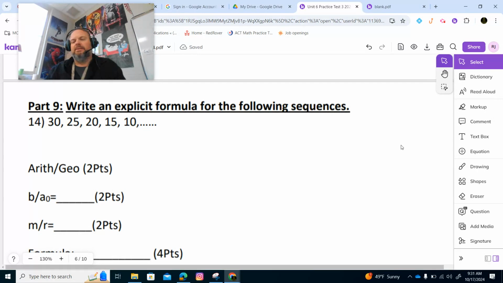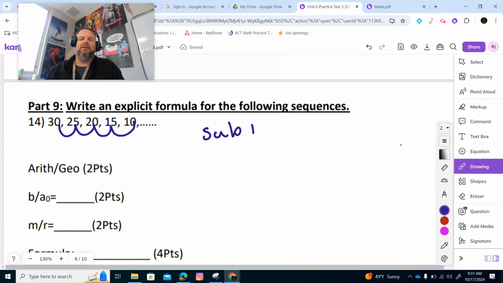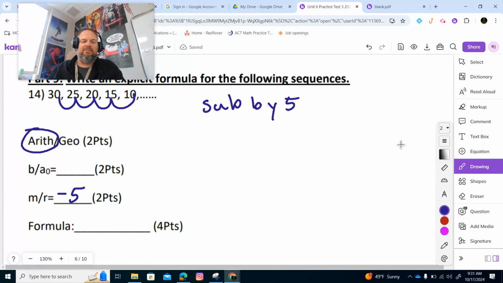I thought I was dividing. Oh well, but I was subtracting. So it's going this way. It looks like we are subtracting by 5. Correct? All right. So that means this is arithmetic. That means our m is -5.